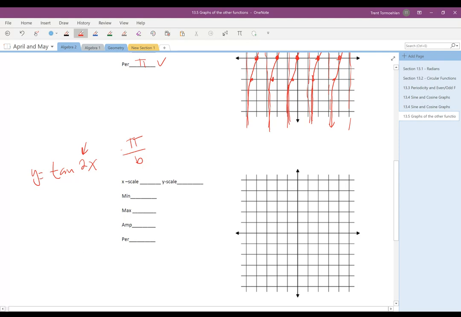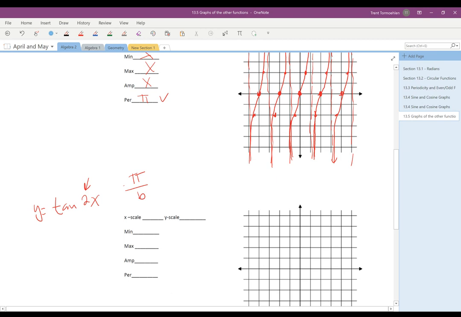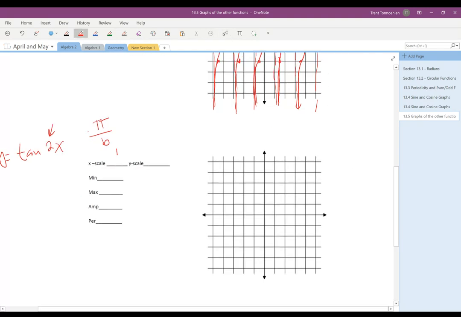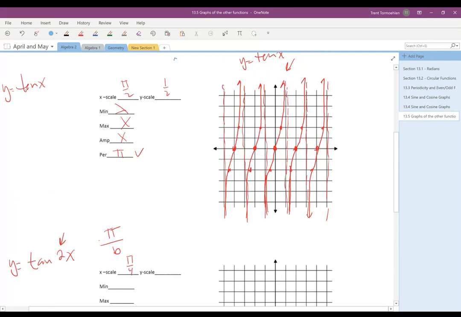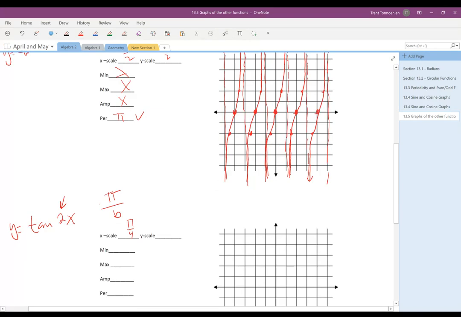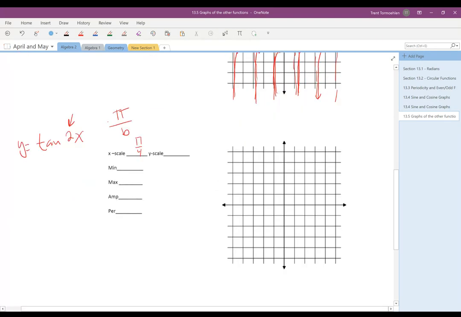And so your period for y equals tangent of 2x is just pi over 2. And so it just cuts everything in half in this direction. And so your x scale would be pi over 4 instead of pi over 2. And then your graph would look exactly like that one. And so that gives you at least a start on tangent.